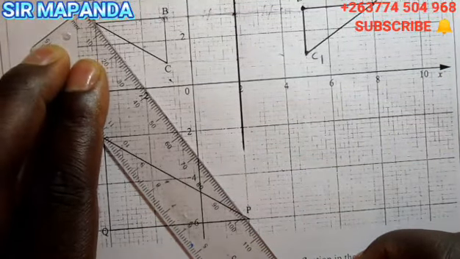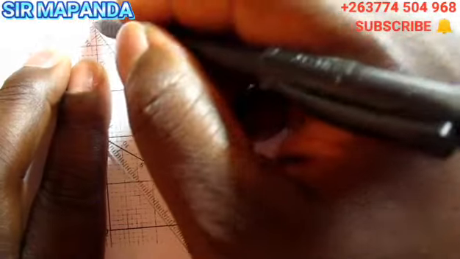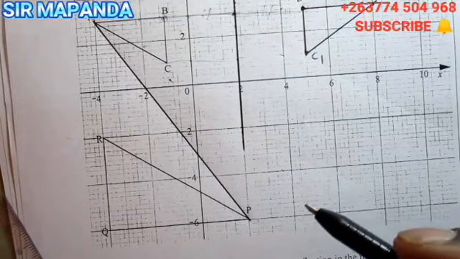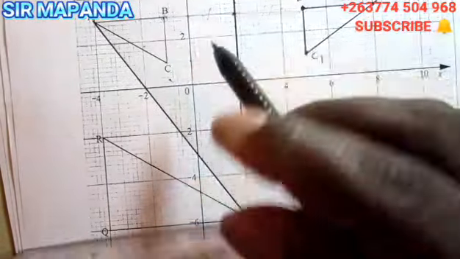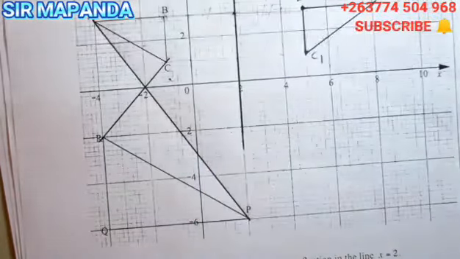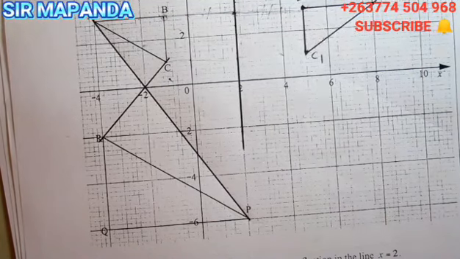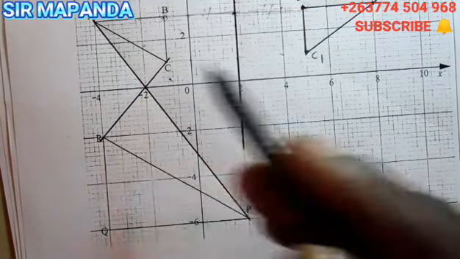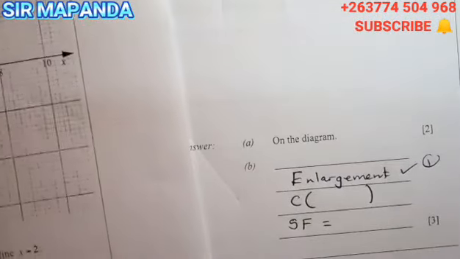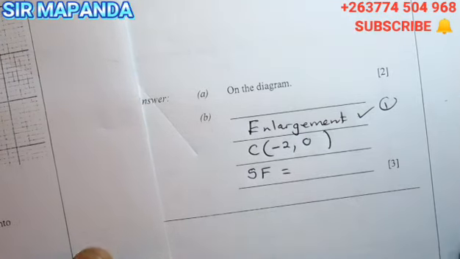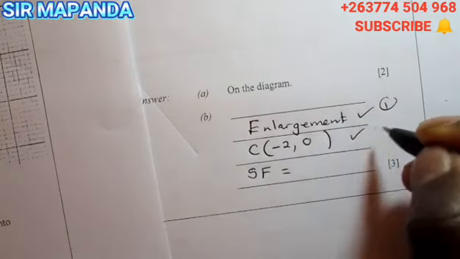A is corresponding to P. So you draw a line connecting A and P. Then another corresponding point that we have is R and C are corresponding points. So you connect R here and C here. The point of intersection between those 2 lines is the center of the enlargement. So they are intersecting at -2, 0. So you come here, then you write -2, 0 as your center. I hope you are listening. You get the other mark.